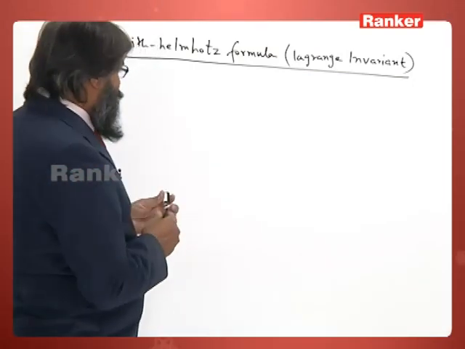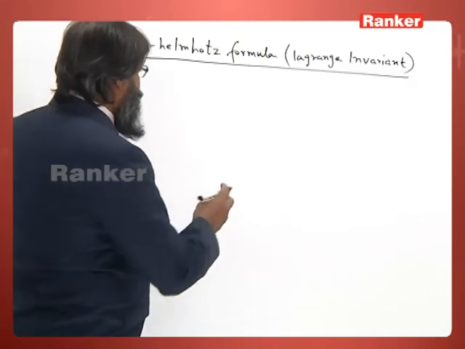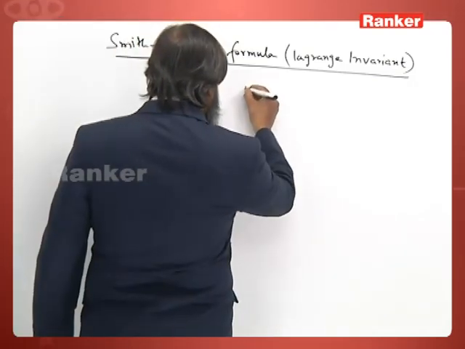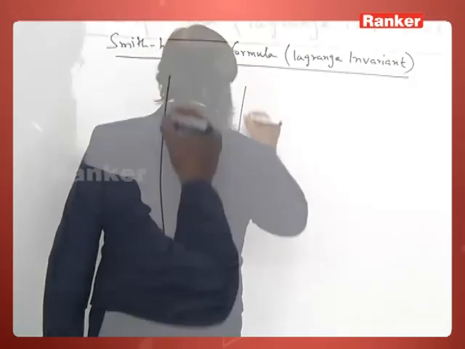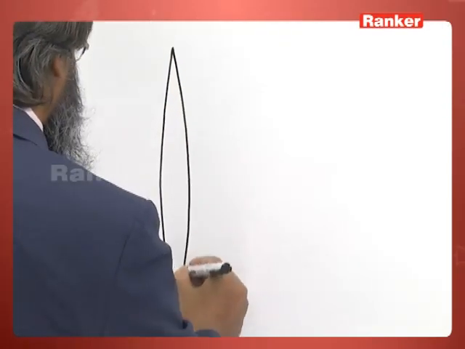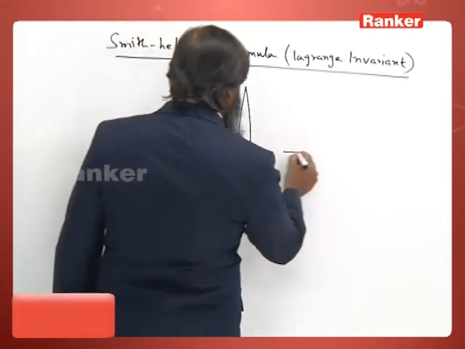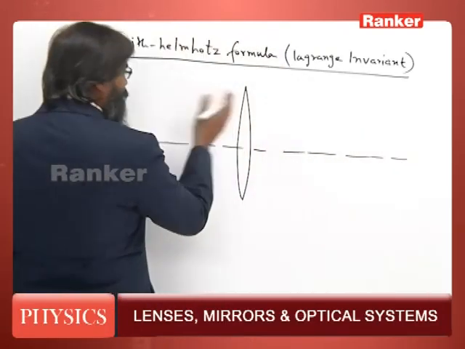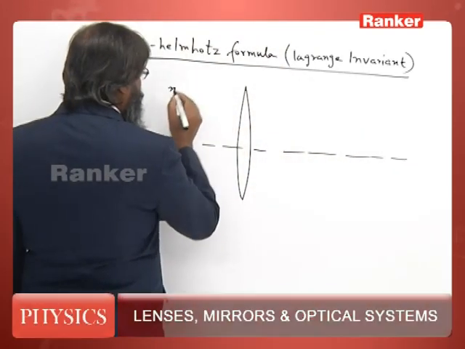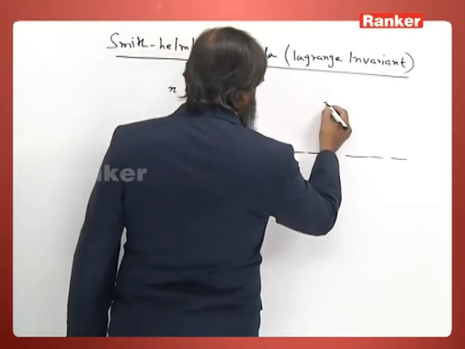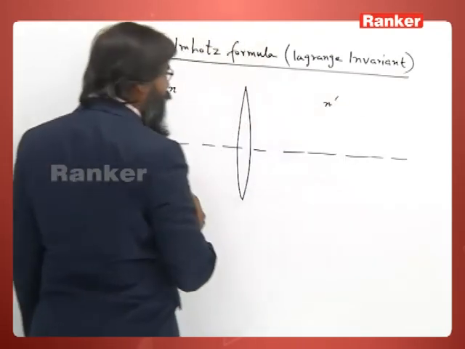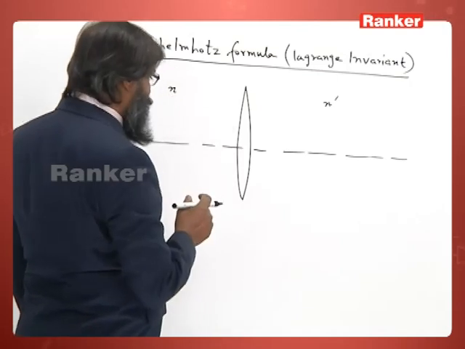So, in order to see this, let us see that if we have a lens, suppose I take a single lens and it separates two media, one of refractive index n and another of refractive index n dash.